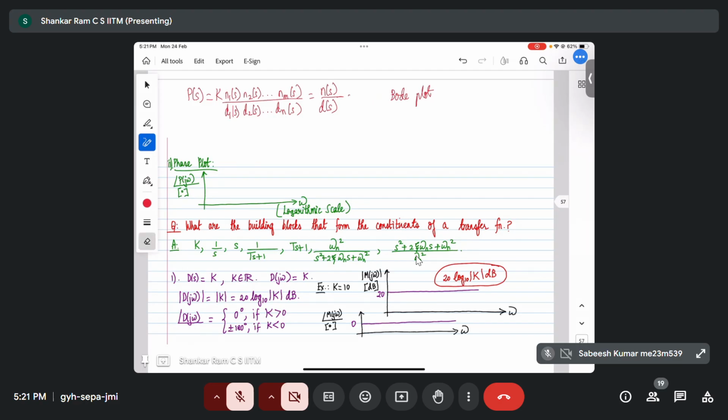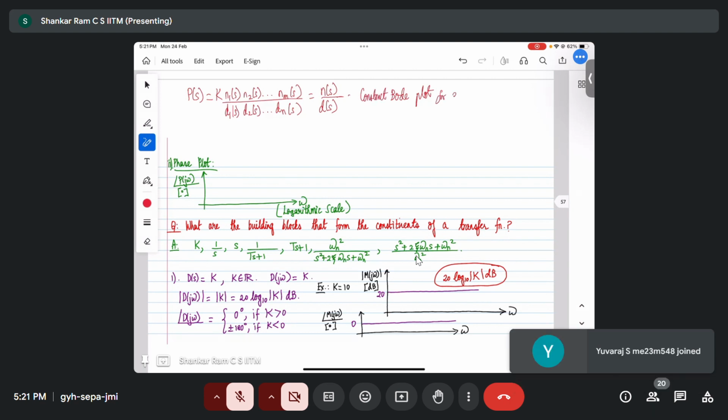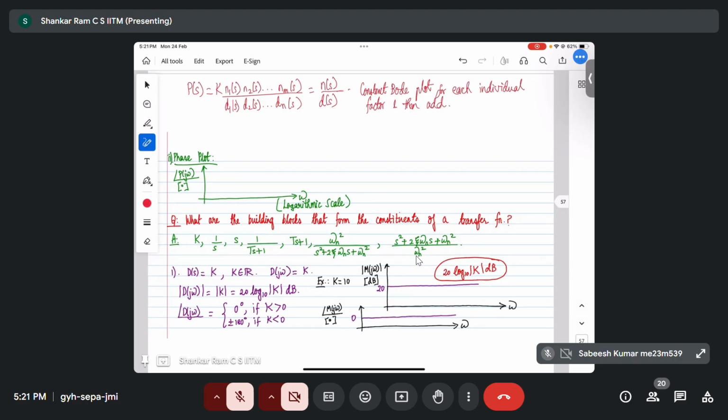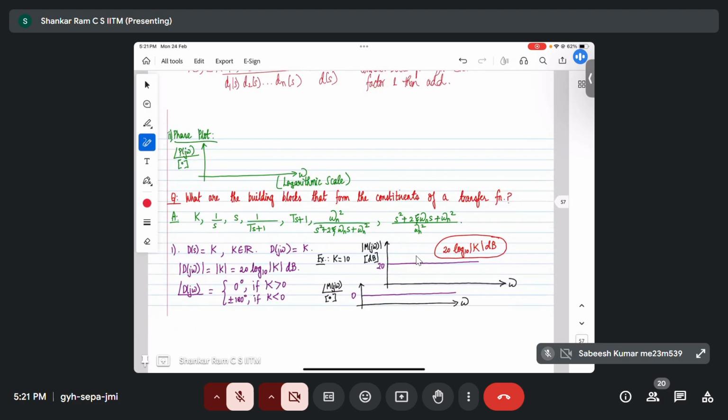If we learn how to construct the Bode plot for each individual factor, and then add, we get the Bode plot for the given transfer function P of s. That's what we are going to learn.